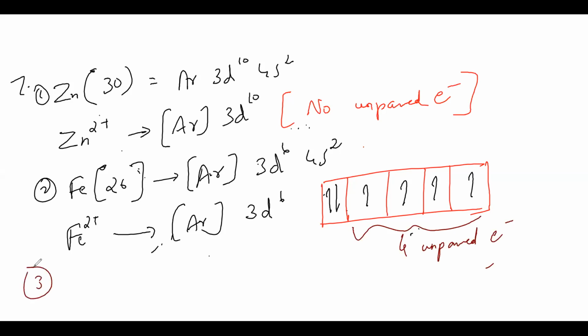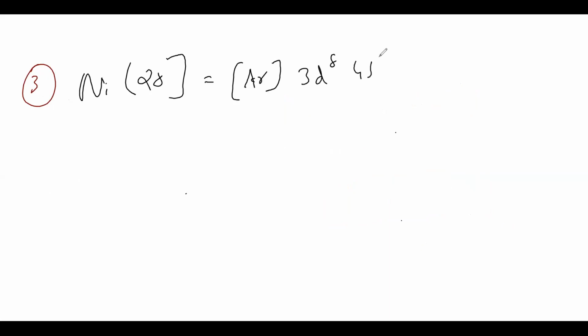Coming to the third one. I'll just do the next page. Nickel 28. Argon 3d8 4s2. So here I can clearly say it's 3 unpaired electrons, but still for you guys I'll just do it.